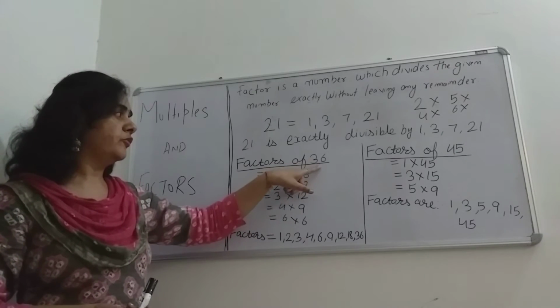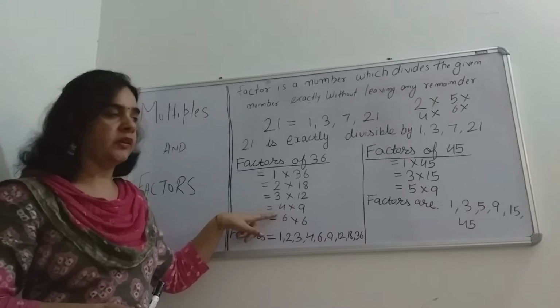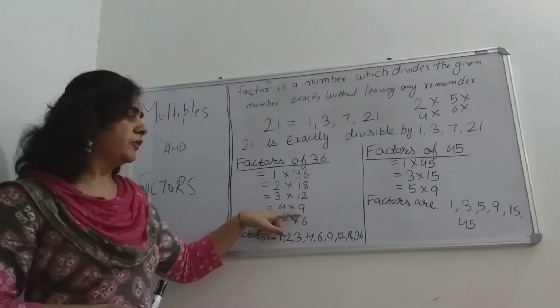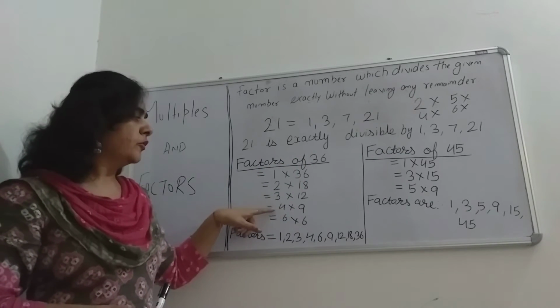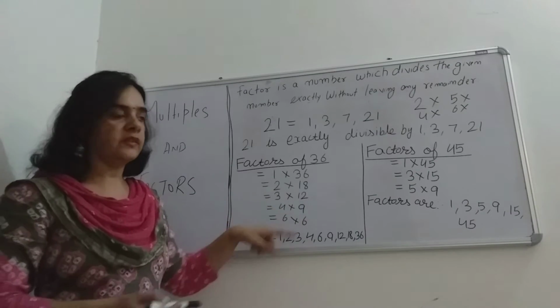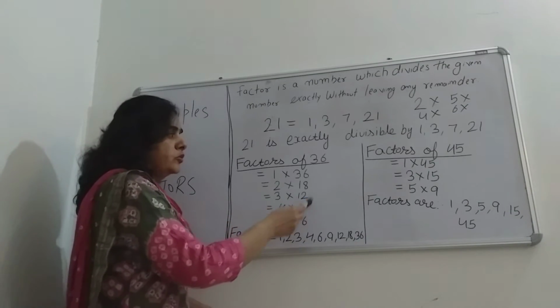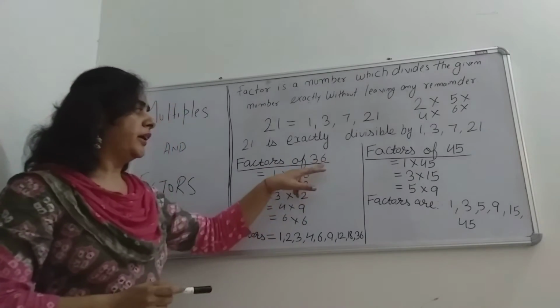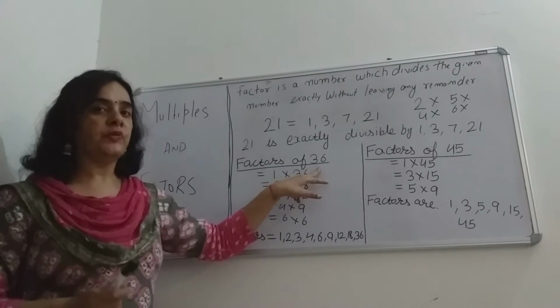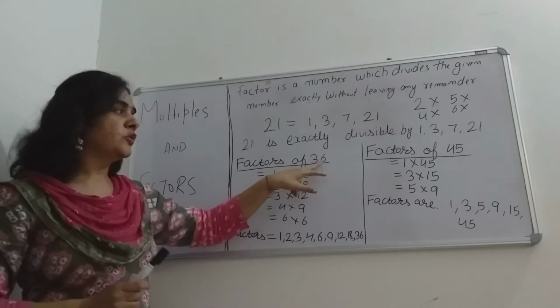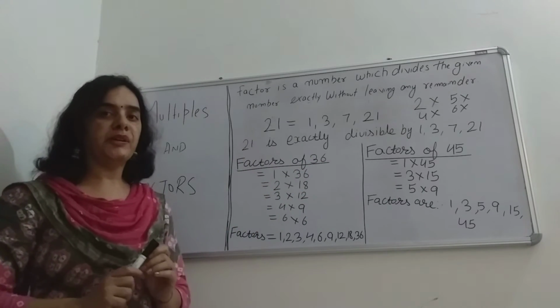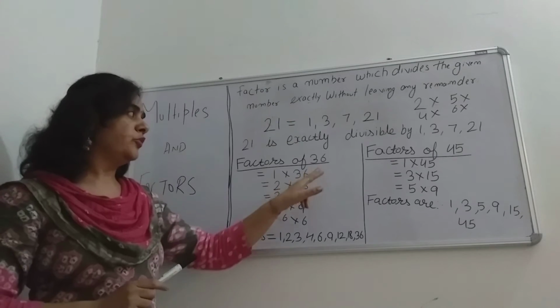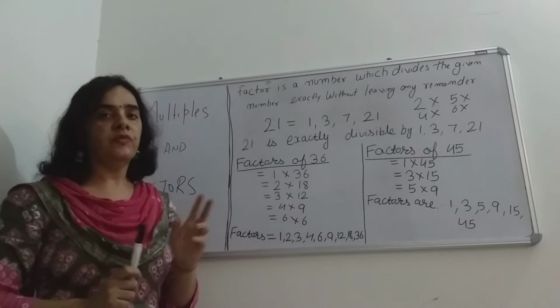If you divide 36 by 4, what will be the quotient? The quotient will be 9. 4 9s are 36. So 4 and 9 are also factors of 36. Now try with 5. If you divide 36 by 5, you will see that it is not completely divisible and the remainder will not be 0 when you divide 36 by 5.